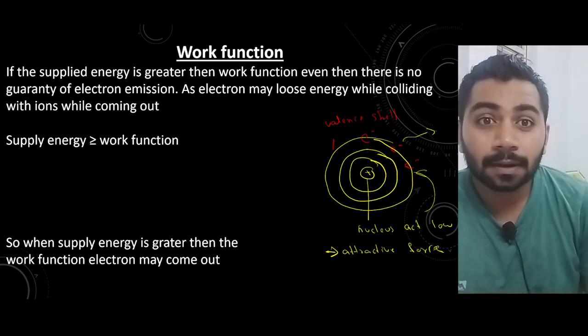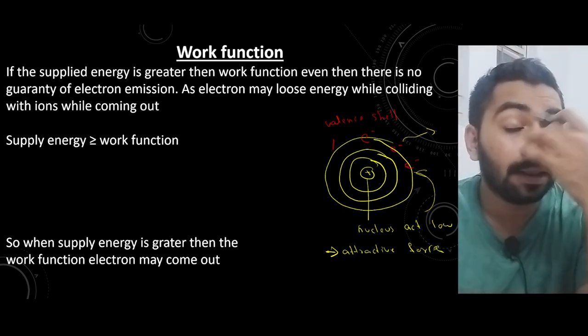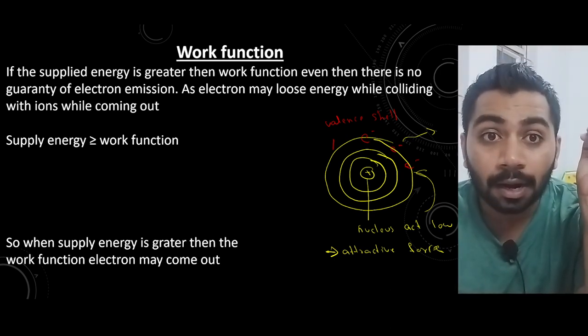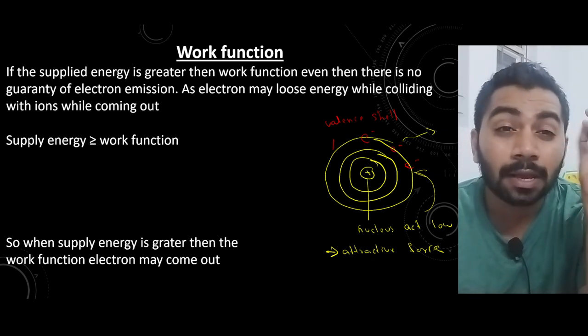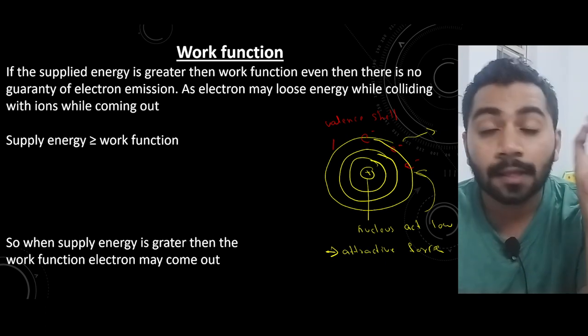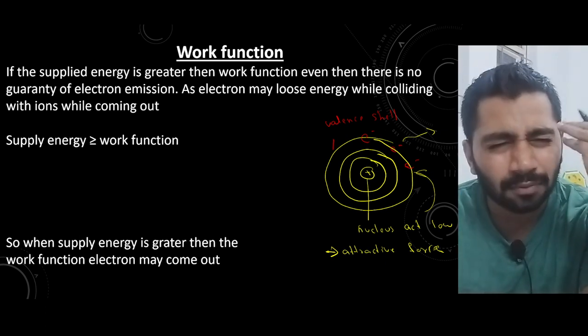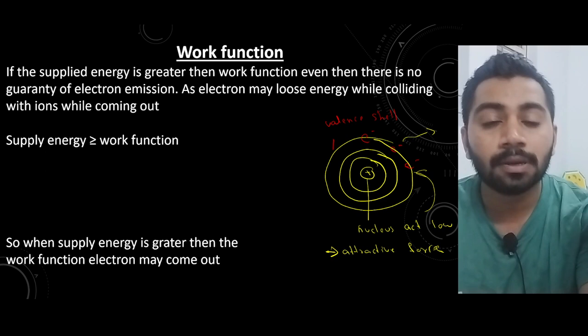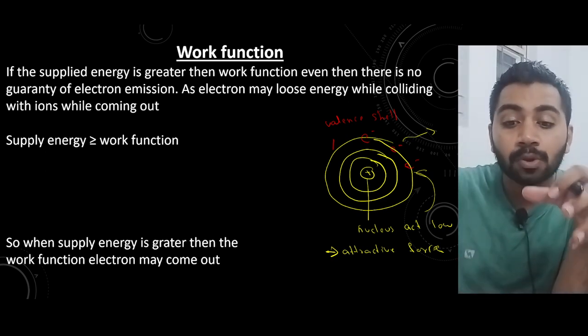Now remember, in an atom, valence electrons try to come outside, but the nucleus adds a small attractive force on them. That's why they are not able to come outside. Now, if we want the electron to come outside, we must apply some energy opposite to that attractive force.